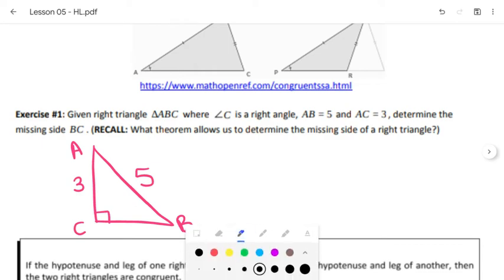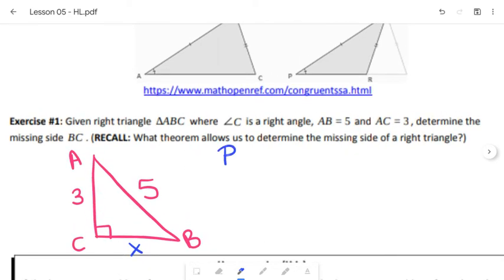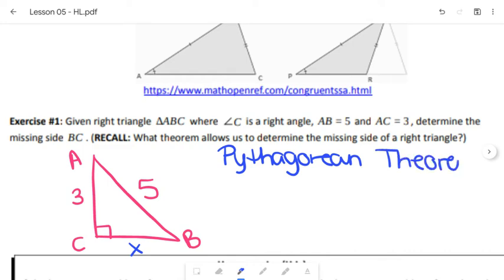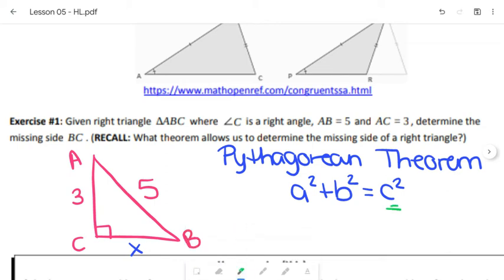In this case, if we wanted to find BC, remember, when you're missing a side of a right triangle, we can use the Pythagorean theorem. Now remember, the Pythagorean theorem is a squared plus b squared is equal to c squared, where c is the hypotenuse, the biggest side, the one across from the right angle, and a and b are the other two sides.